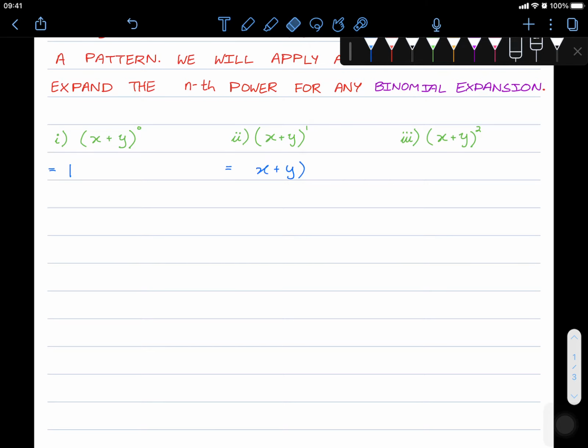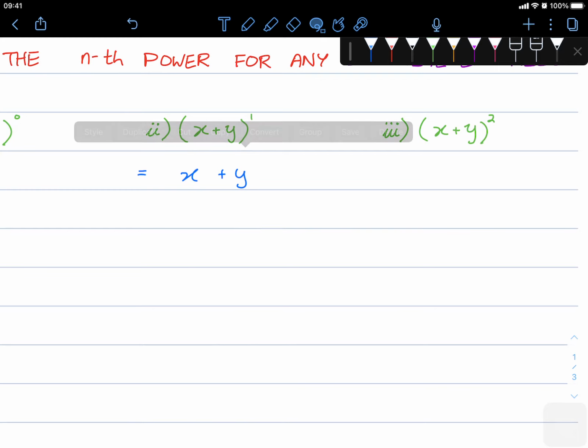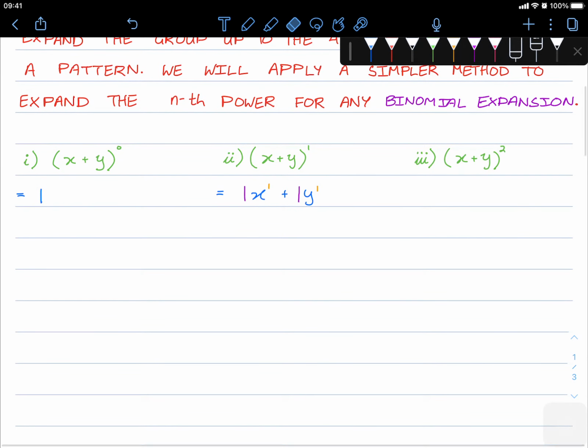That's really just x plus y. Now, I'm going to draw your attention to a few things here. I'm going to highlight it in orange. To the power of 1, to the power of 1. The coefficient of each are 1 and 1. We normally don't write these, but I'm going to emphasize these to sort of hint at you what you should be looking at. Okay, so that's the expansion of the first two.